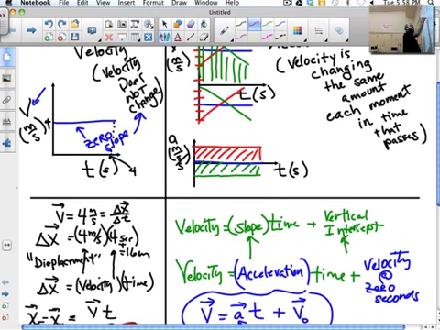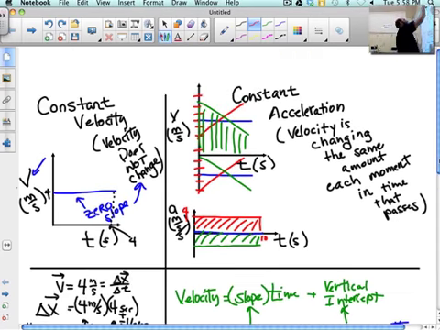Let's say my acceleration is 4 and for 10 seconds. So let's say I speed up for 10 seconds in the positive direction. This would be the top graph right here in red.